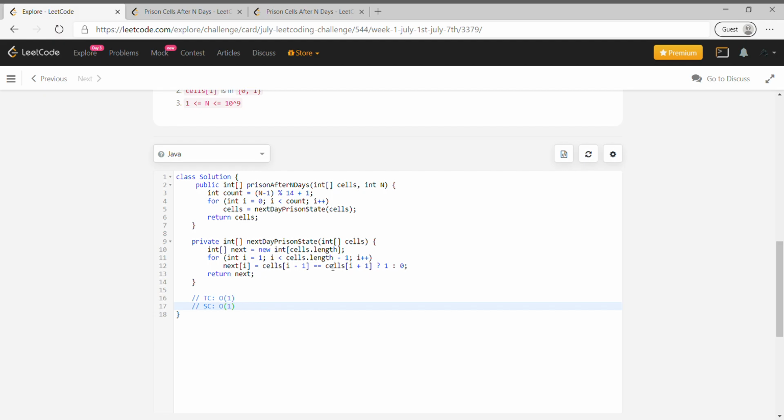So I think this is by far the simplest and easiest solution that I could come up with.